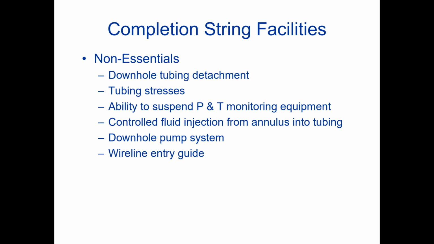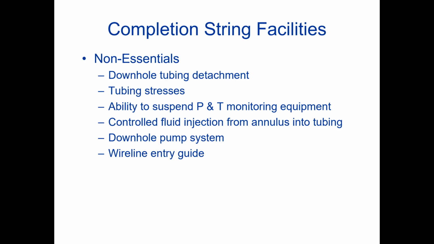So this will give us the opportunity to pull out the tubing without touching the packer, because the packer is expensive, and if we don't need to pull it out, then we shouldn't pull it out.